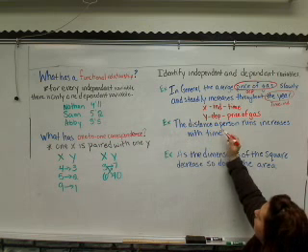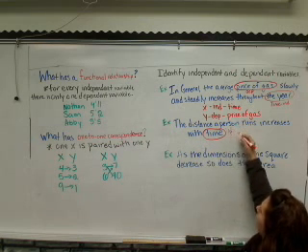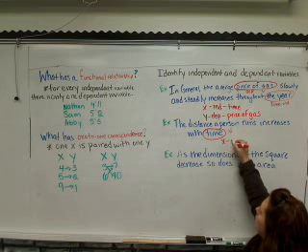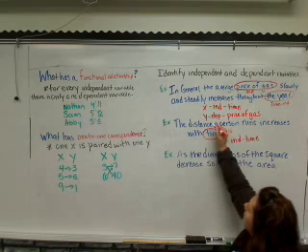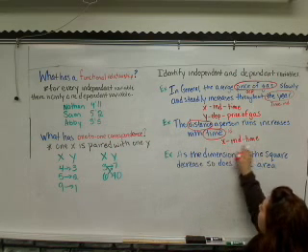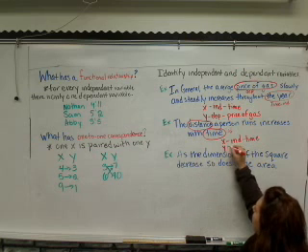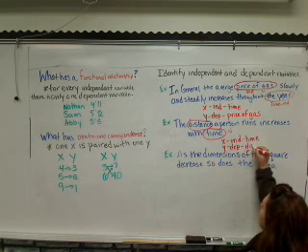So typically, time is always your independent variable. So our x variable, which is independent, is time. And distance depends on how much time we're running, so our dependent variable is distance.